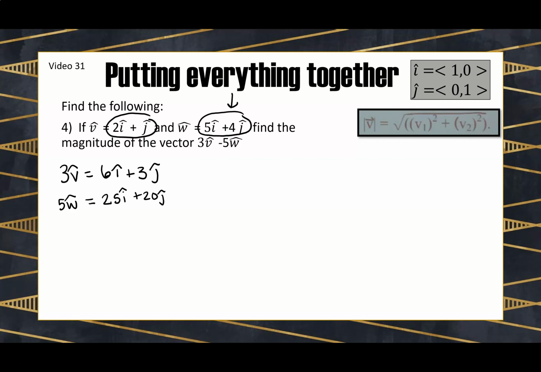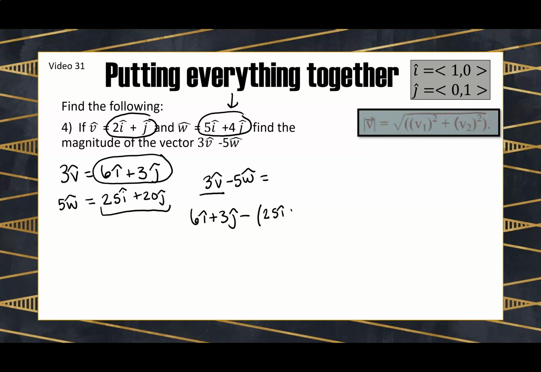So now I'm actually asking for 3v minus 5w. So that's going to be equal to my 3v, which I'm going to rewrite: 6i plus 3j. Now I have to put minus, and now I have to put parentheses because my 5w, I'm going to substitute in for that. So don't forget your parentheses. So it's going to be 25i plus 20j.